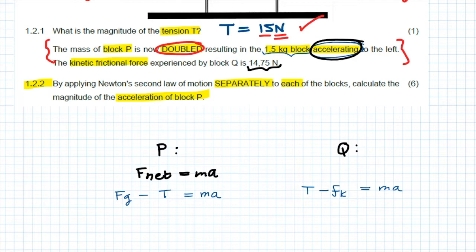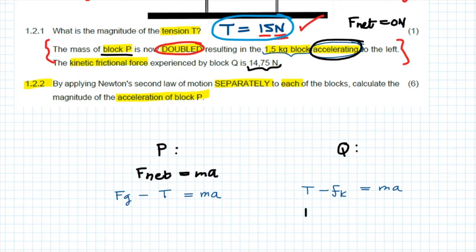Now for block Q, we have quite a bit to plug in. Firstly, I'd like to remind you that the tension is no longer 15 newtons. It was 15 newtons when the net force was 0 newtons. But since the mass of block P doubled and the system started to accelerate, the tension is no longer 15.